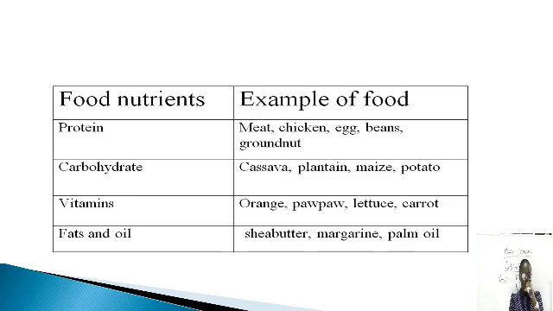Before I go, I would like to write some questions on the board, some foods. You try to find the method of preparing this food, and then you send your answers through the comment view. I'm going to write these questions.